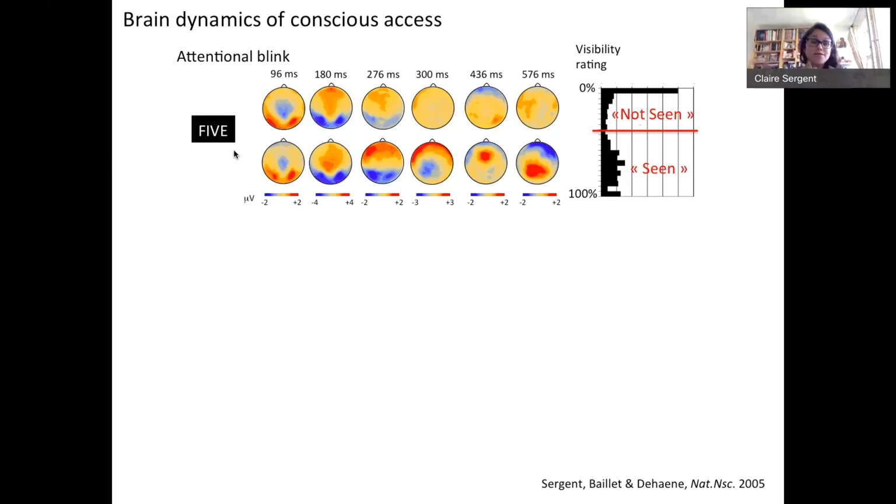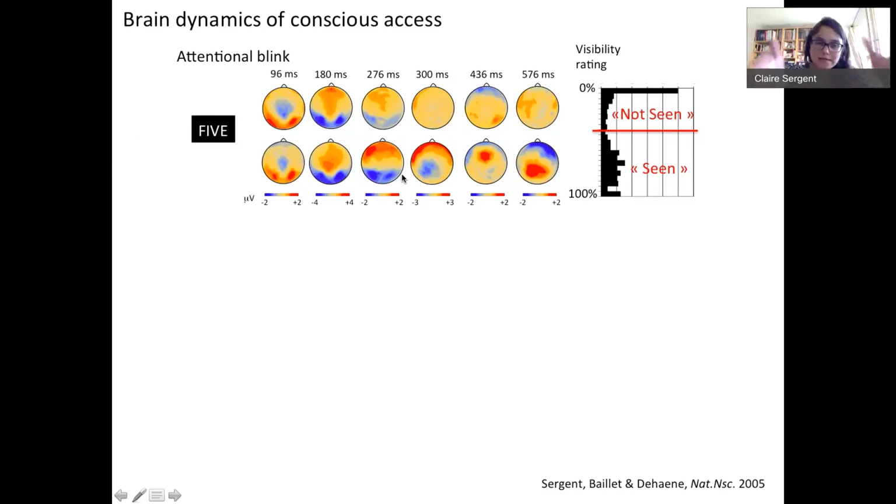So obviously that's very interesting for a neuroscientist, because then we can stick EEG electrodes on your head and sort the trials according to whether you tell us that you've seen the stimulus or not, and see what are the brain activations that go on in between, okay?